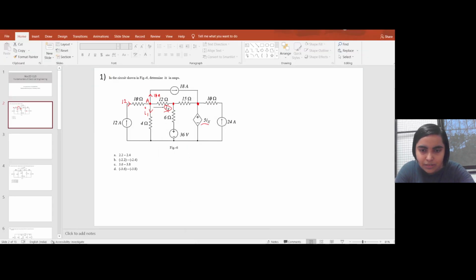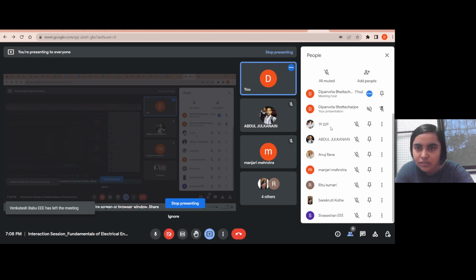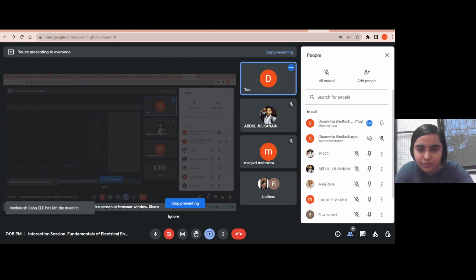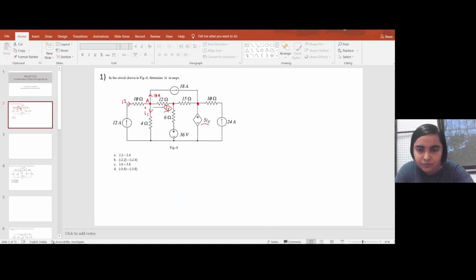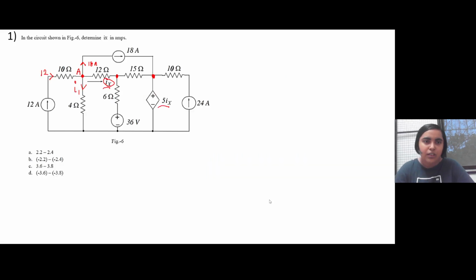Let me just admit, if anyone is there. No. Okay. Then we can apply KCL at this node A. So the equation will be, let the voltage at this node A be VA, right?